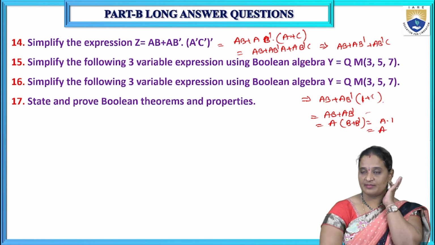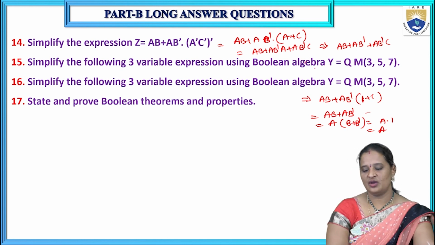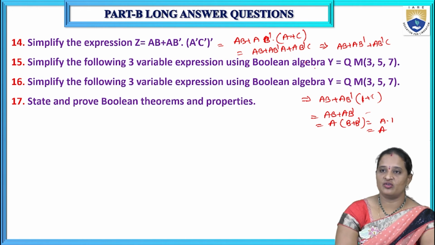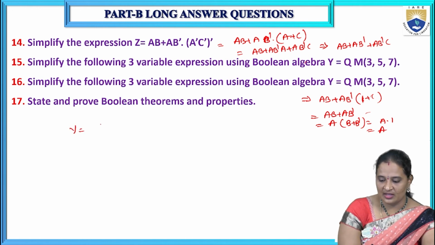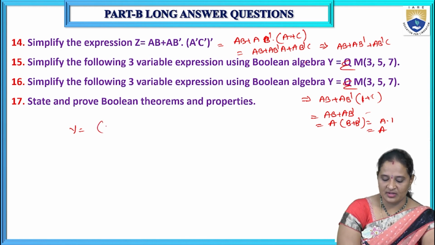So like that you can simplify this one, and simplify the following three variable Boolean function using Boolean algebra. First you have to write down the Boolean function. It is given as capital M of 3, 5, 7. That means it is a product of sums expression. So how can I write this?